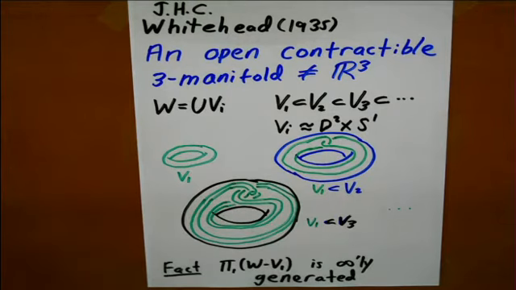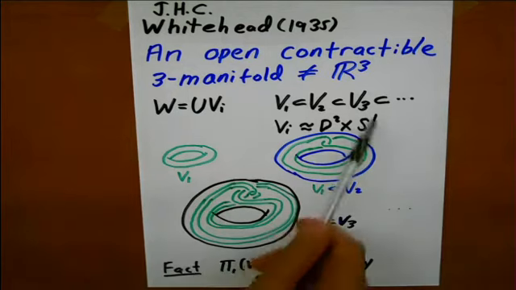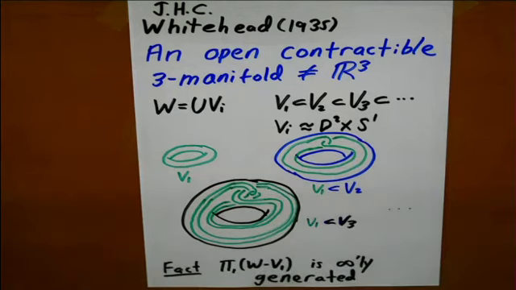So if you want to compute pi_n of the space, a map of a sphere is compact, so it lives in some nth solid torus, and then it can be contracted in the (n+1)st solid torus. So at least pi_1 is trivial, and actually all the homotopy groups are trivial.